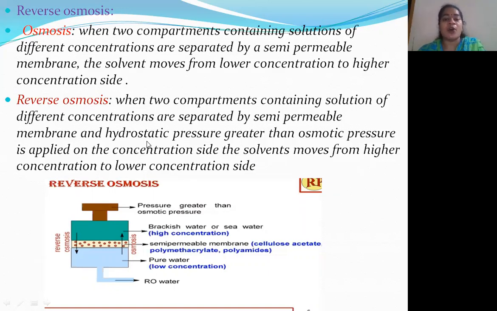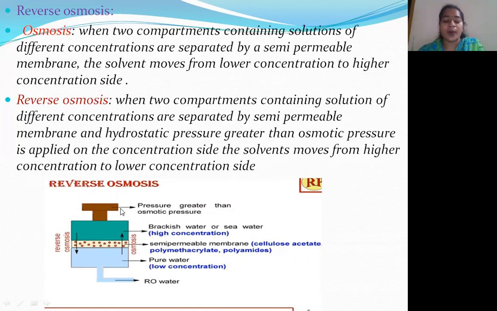So it is completely opposite to osmosis, and the pressure we use in this process, we call hydrostatic pressure. In the desalination process, the saline water or brackish water is taken here and the pure water is taken here. Both solutions are separated by a semi-permeable membrane, which is generally made of cellulose acetate or polyamides.